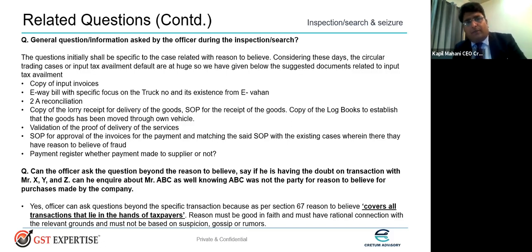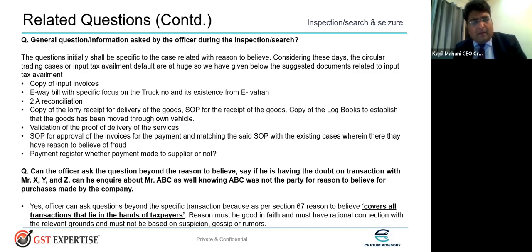So the officer should feel that the assessee is genuine and is making every effort to cooperate and provide information. There is nothing they are trying to hide, and that is when they have more confidence in the assessee and the taxpayer. At this point of time, you have the authority to ask your professional to come to your premises, because it's more like an inspection wherein information can be asked.